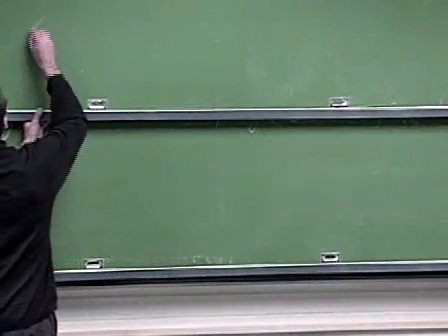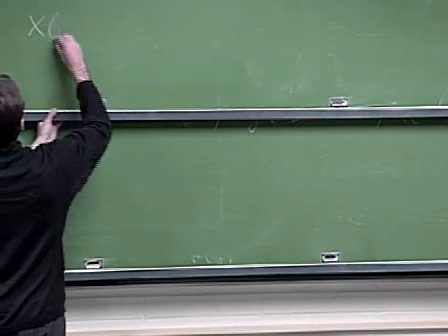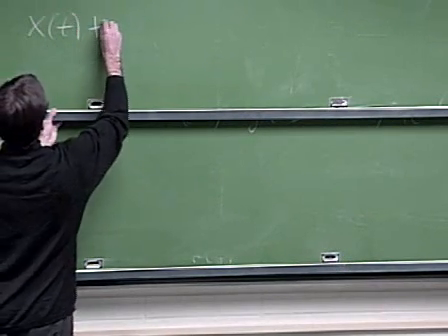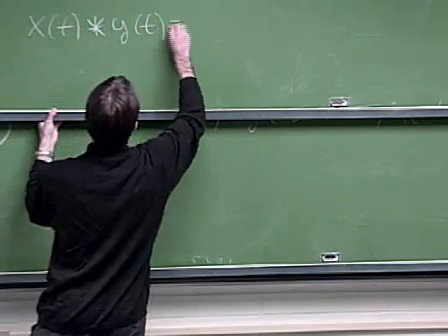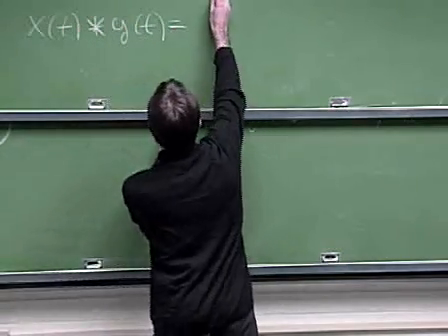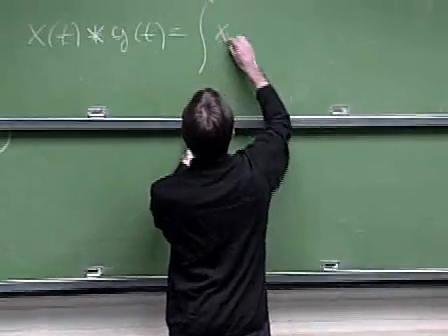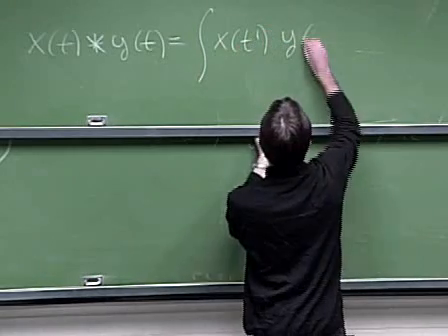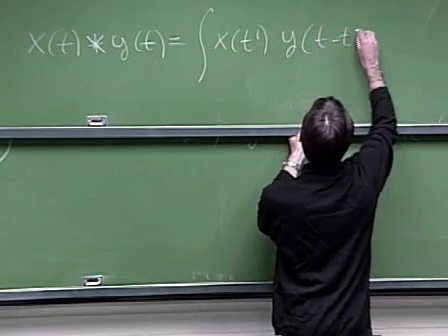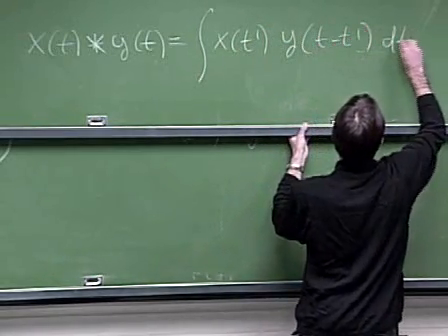Let me recall the convolution of two functions, x of t and y of t. How do I write this down? It's the integration of x of t prime times y of t minus t prime, d t prime.